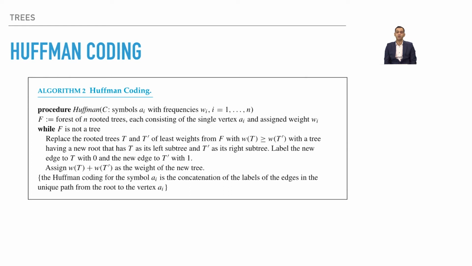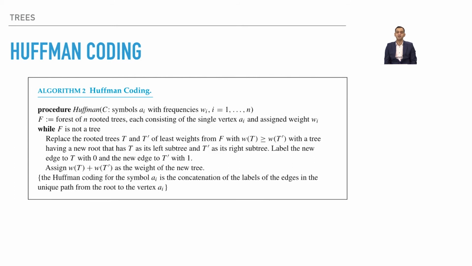At each step, we combine two trees having the least total weight into a single tree by introducing a new root and placing the tree with larger weight as its left subtree and the tree with smaller weight as its right subtree.